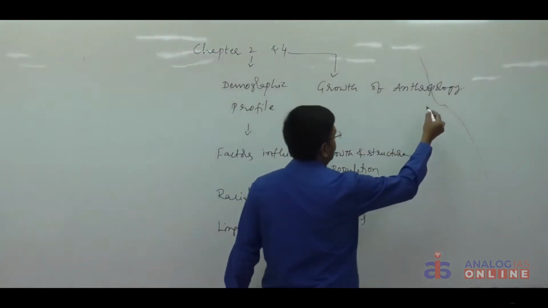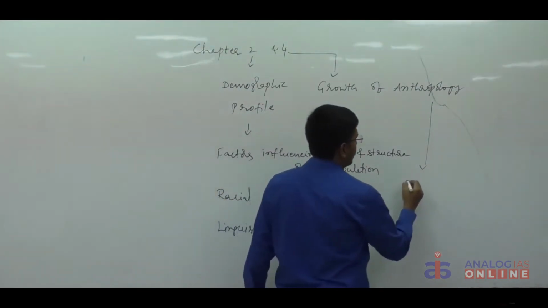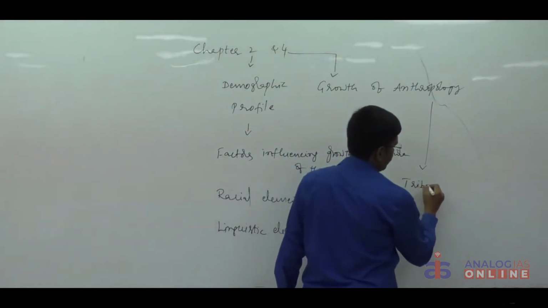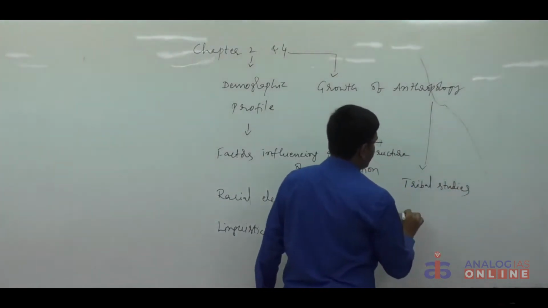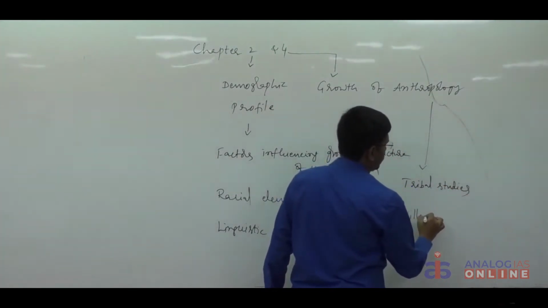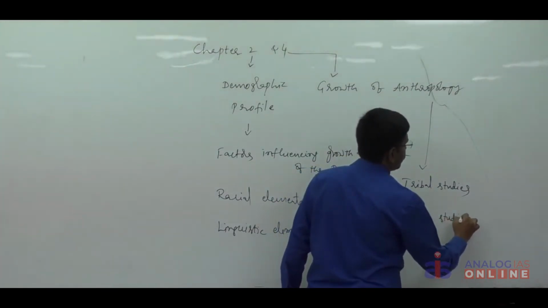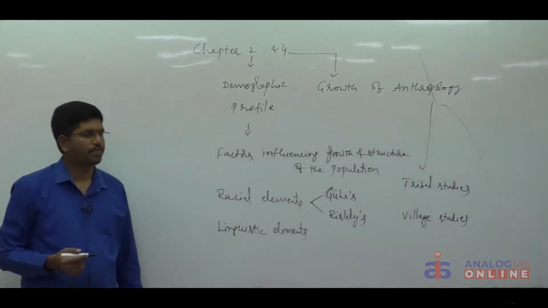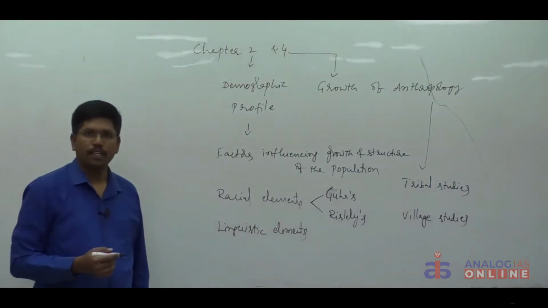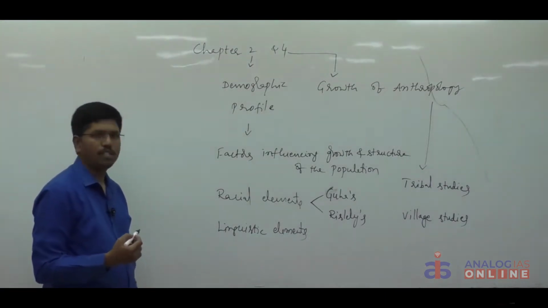In the growth of anthropology, we are going to study mainly the growth of tribal studies in India and the growth of village studies or peasant studies in India, and the contribution of individual anthropologists, 18th, 19th and 20th century anthropologists, to the growth of anthropology in India.